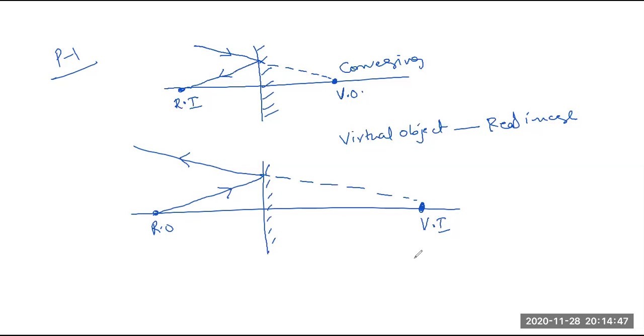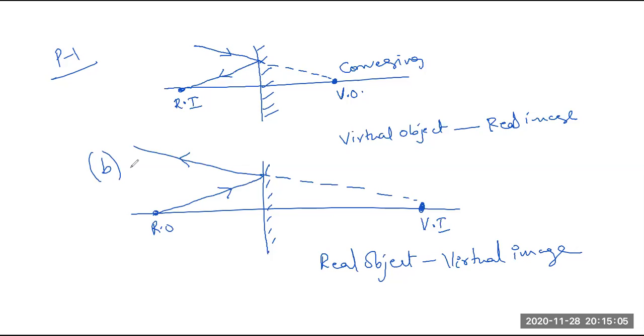So for a real object, we get a virtual image. The answer which matches is the B option. So let us go to the second question.